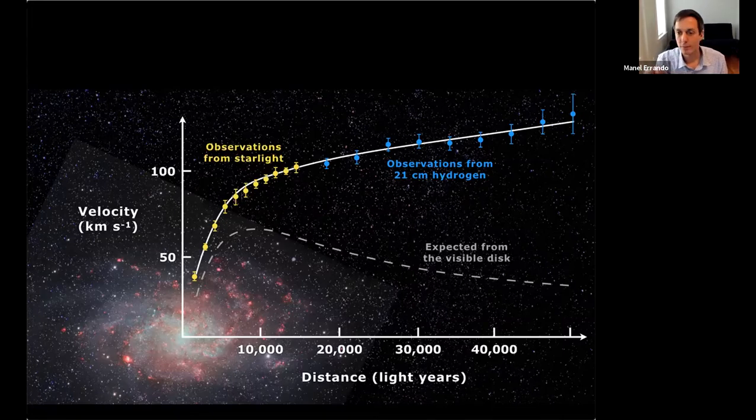So before we talk about dark matter, we need to understand why things move in circles. We know that if we are driving a car and we're trying to turn, or drive in a circular road, there is a force that pulls us to the center of that circle, which is given by the friction of the tires with the road.